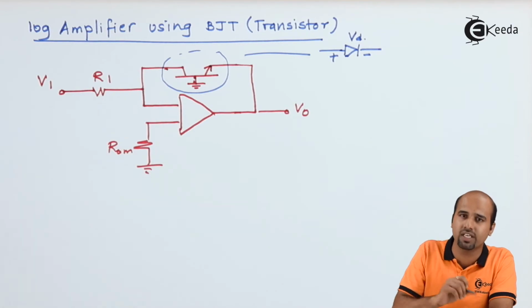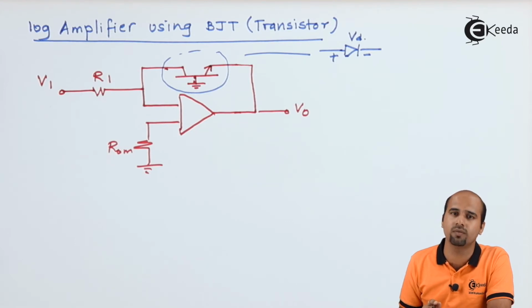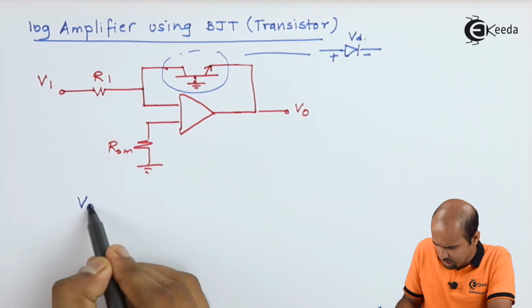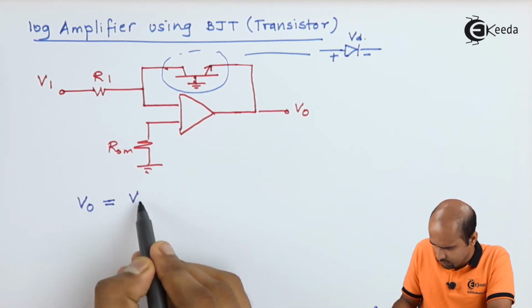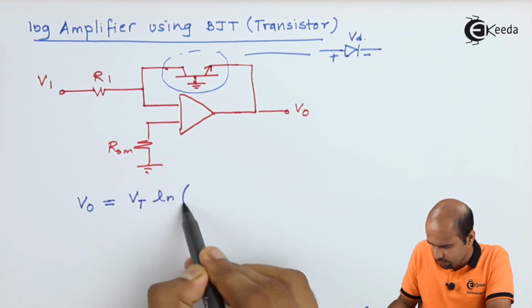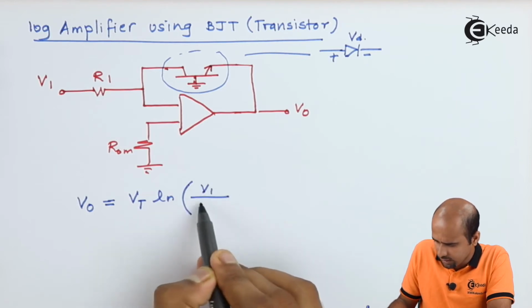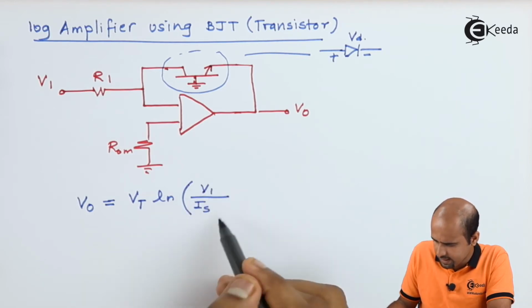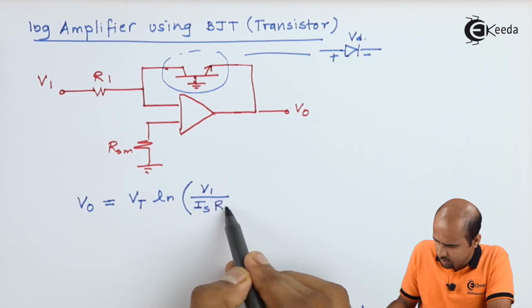Rest all mathematical expression is the same as that of your value of VO in the form of logarithmic V1. So your expression will be VO is equal to Vt multiplied by ln of V1 divided by Is multiplied by R1.